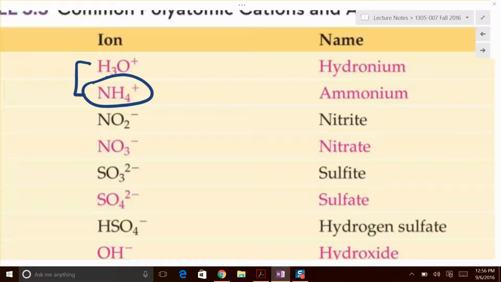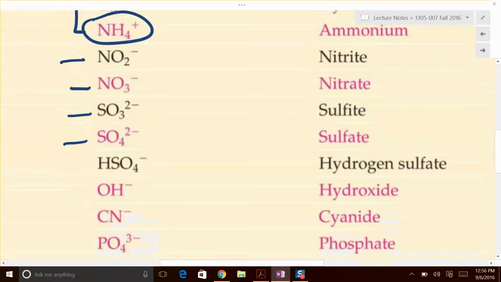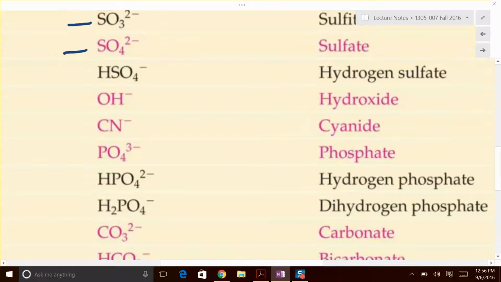So, nitrite, nitrate, sulfite, sulfate, hydrogen sulfate. You just simply use the name that they give you. Dihydrogen phosphate, hydrogen phosphate, phosphate, cyanide, sodium cyanide.